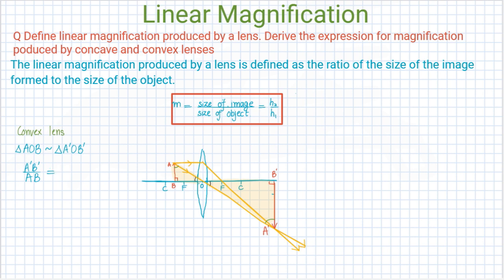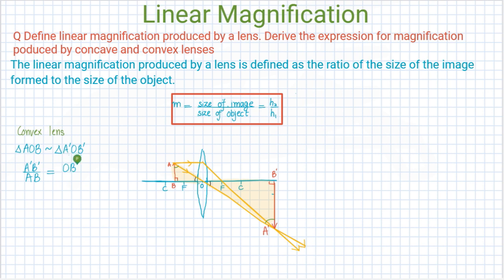So consider this angle, your angle OBC. The angle opposite to this one is this one, angle O dash A B dash. Now the side opposite to this angle is your side OB dash. Similarly, the side opposite to this angle is OB. So this ratio should be equal to this, OB dash by OB.